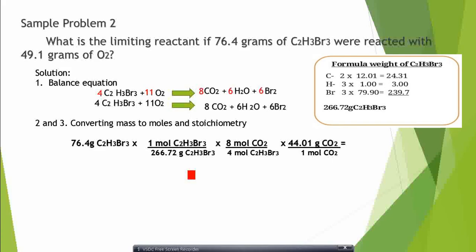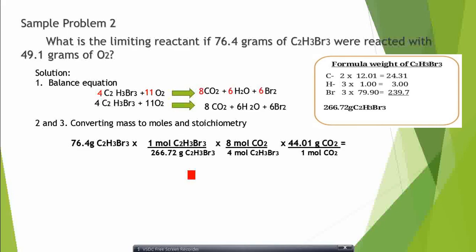Let's put here the number of atoms, and then the atomic weights, which are found in the periodic table. For carbon it is 12.01, hydrogen 1.00, and bromine 79.90. So 2 times 12.01 is 24.02, 3 times 1 is 3, and 3 times 79.90 is 239.7.